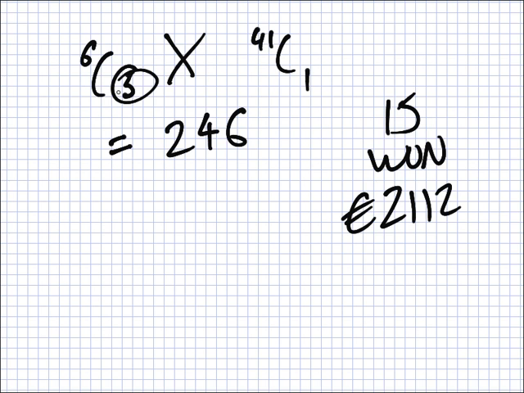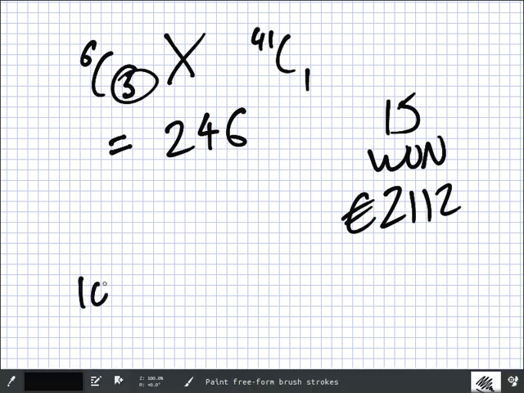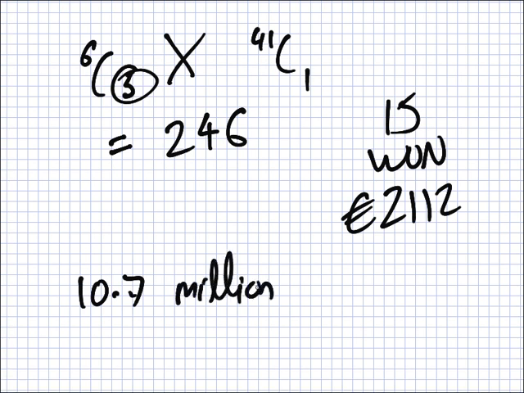Okay guys, you're not getting the logic here. How many possible lottery tickets are there? We said earlier, 10.7 million. So let's suppose 10.7 million people played and bought 10.7 million tickets, so everybody has bought at least one of the combinations.